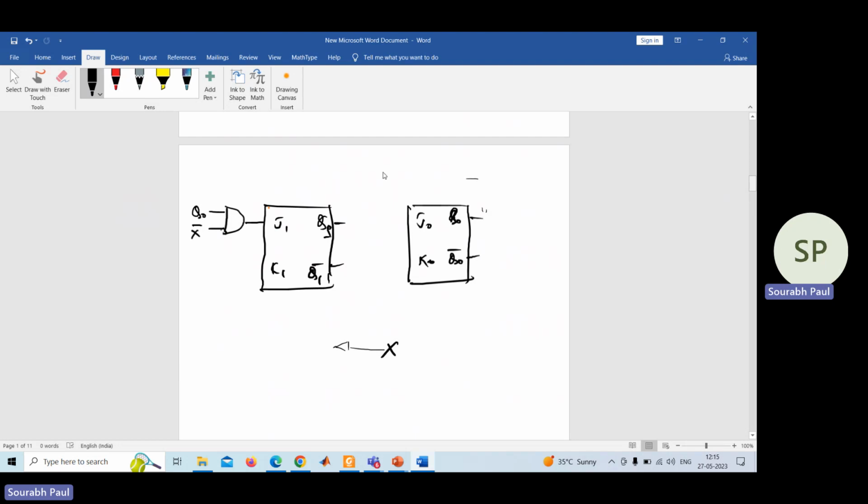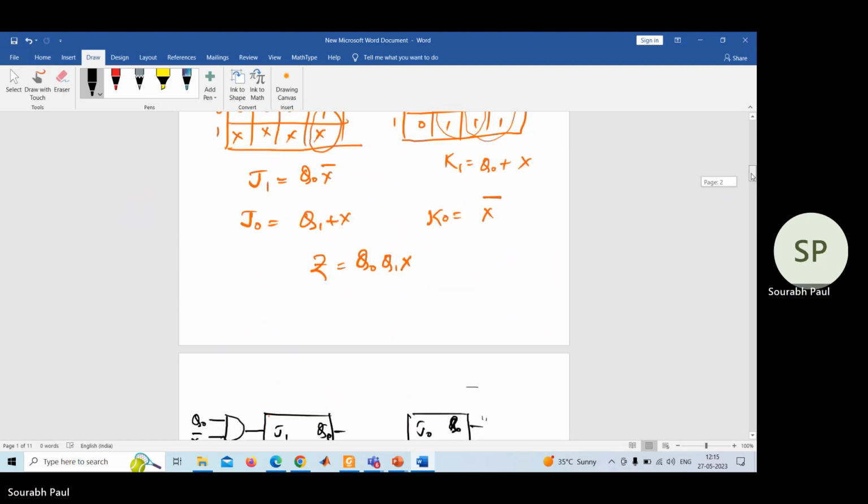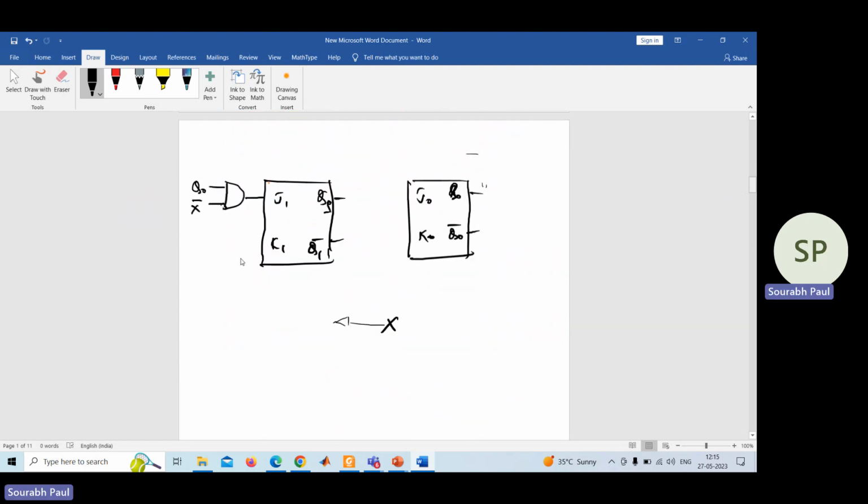But if you do like this way, then so many connections will be there. So it will be hard to understand how the connections are made. So it is better you directly write the values here. This is not a problem. Now for K1, what we got? K1, we got Q0 plus X. So we have to use some OR gate. One of the input is Q0, another input is X.